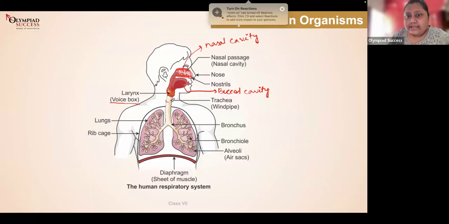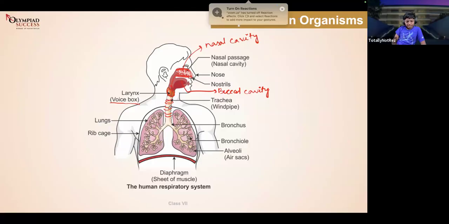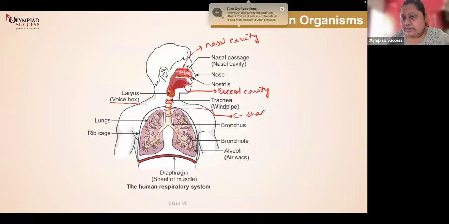Now, the trachea is lined by C-shaped cartilaginous cells. They have C-shaped cartilage. What does it help with?